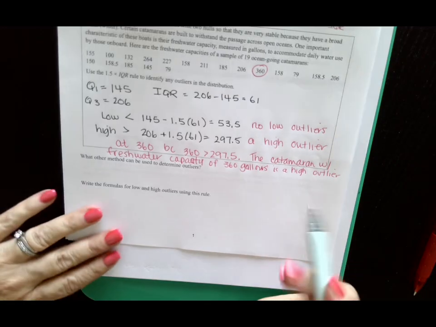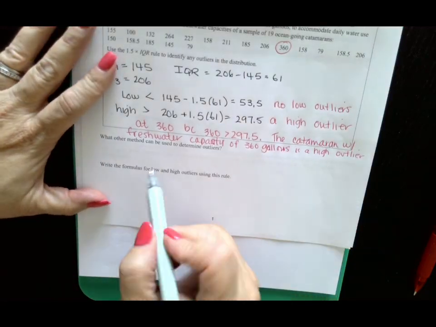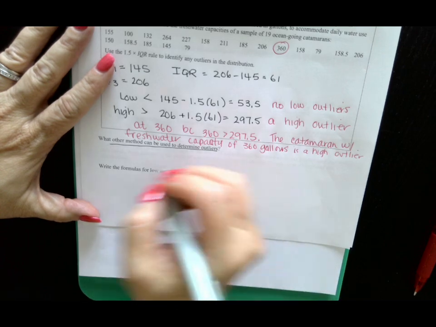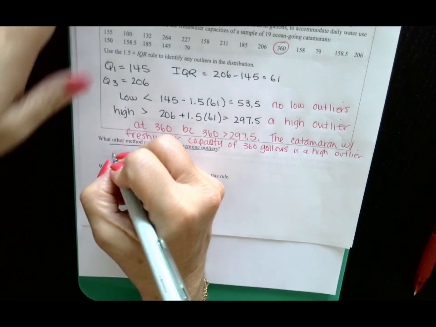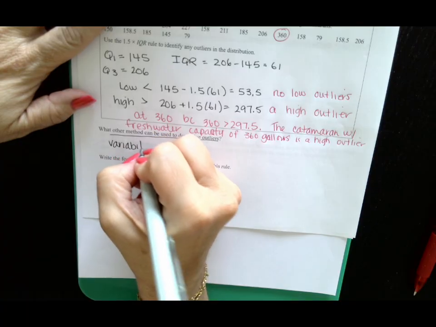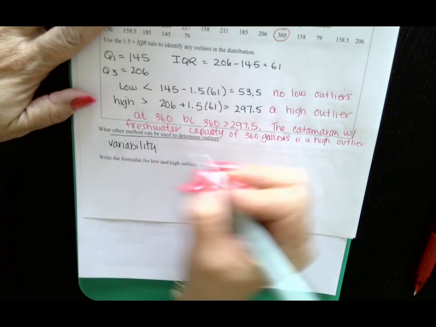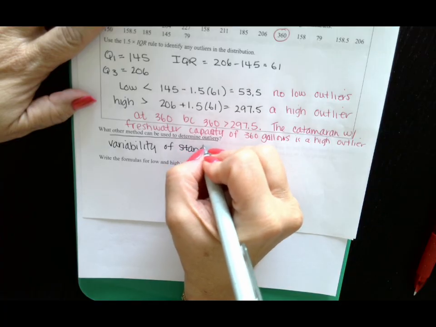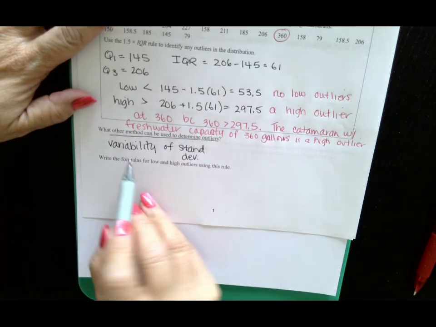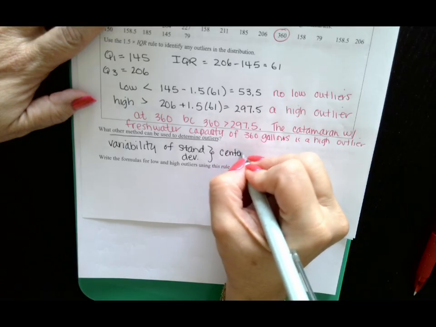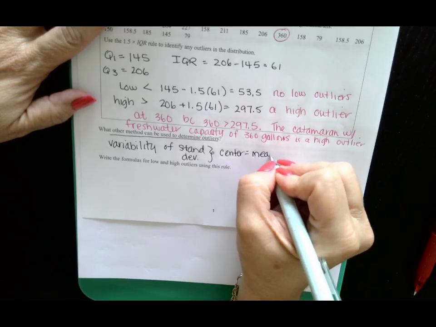Okay? So there is another method for determining outliers. And this other method is if you have a variability of standard deviation. If our variability is standard deviation, then the center that we're using is going to be our mean.